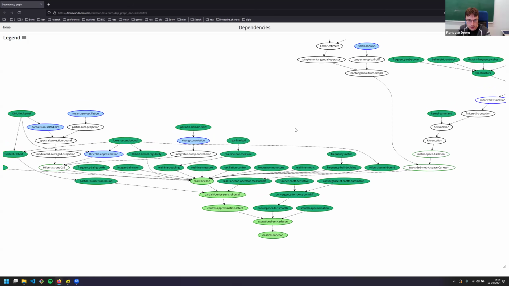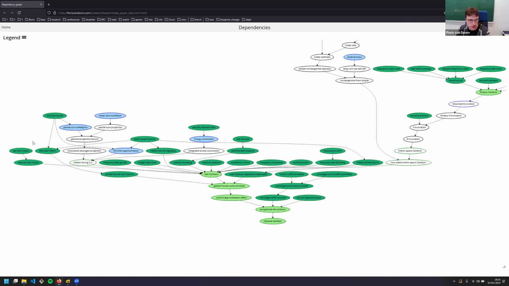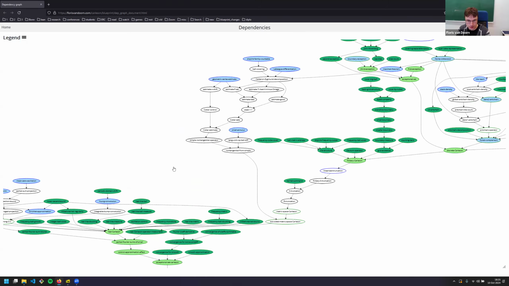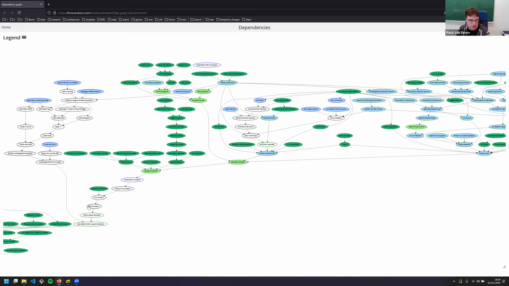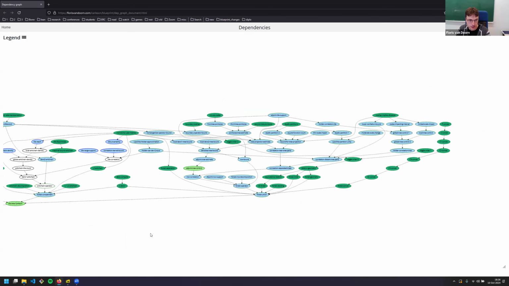This part is roughly the reduction from the general Carleson's theorem, which is here, to the classical Carleson's theorem. But there's also more of the dependency graph here with the proof of the general Carleson's theorem, and there you see a lot of things that are not yet done.